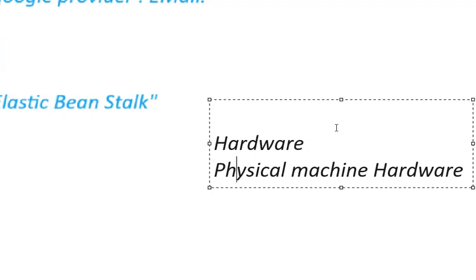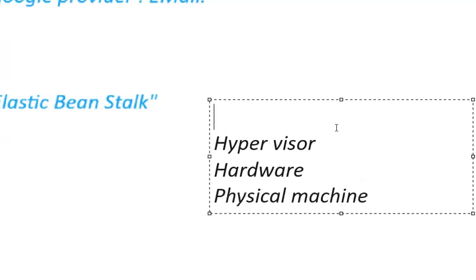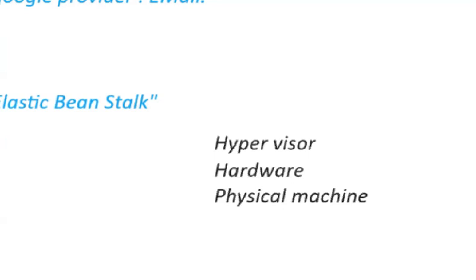On top of this hardware in the physical machine, we are going to create our virtual machines, right? On top of this, we have a virtualization layer. What is that virtualization layer? The hypervisor. This is also maintained by whom? AWS only. On top of the hypervisor, we have VMs, virtual machines.